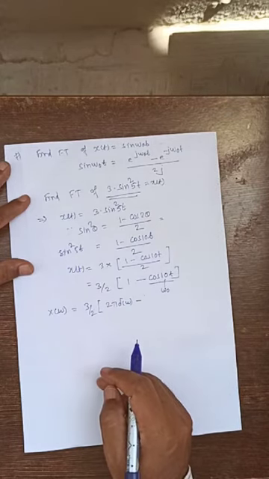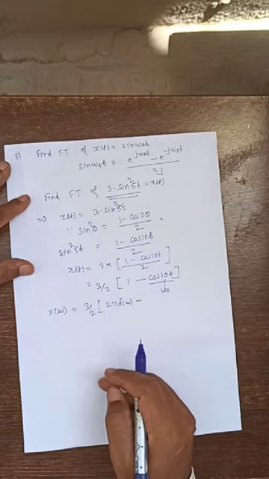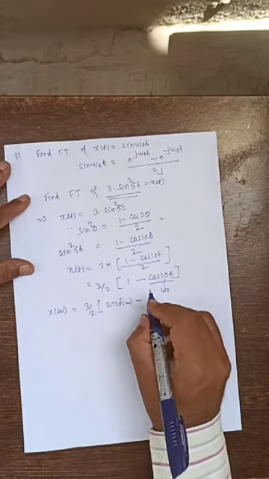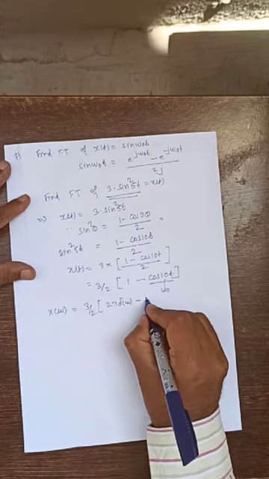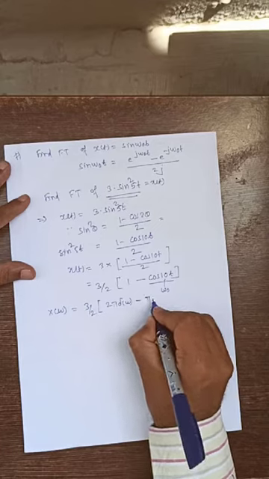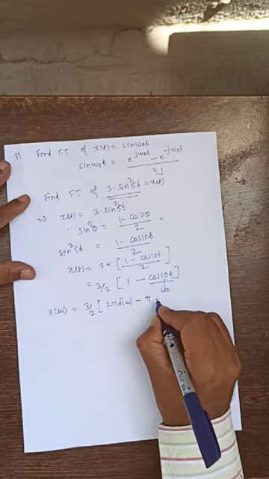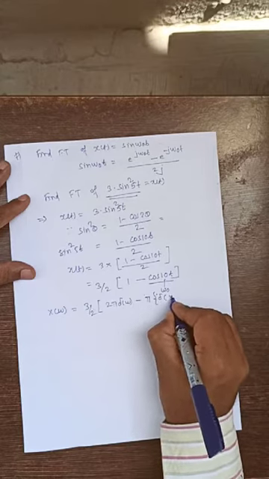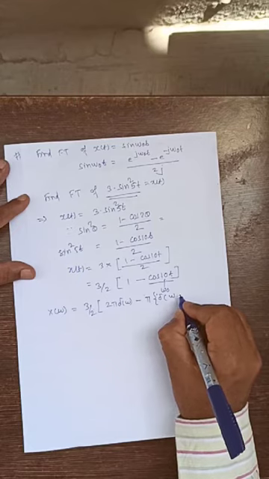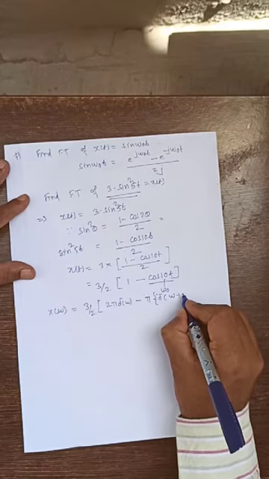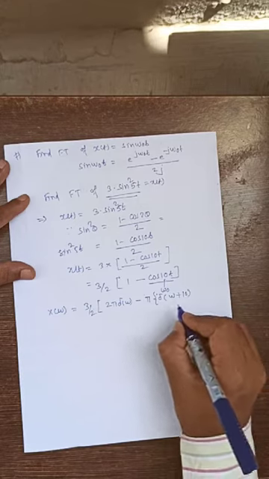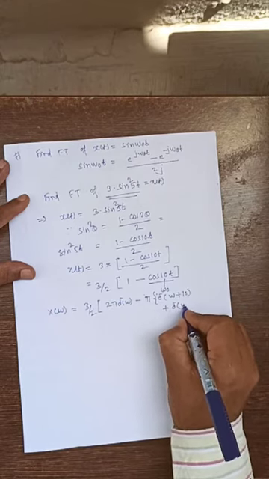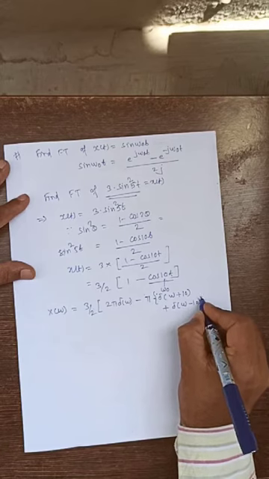So what is the Fourier transform of cos 10t? For cos omega naught t, it is pi into bracket, delta omega plus omega naught, where omega naught is equal to 10, plus delta omega minus 10.